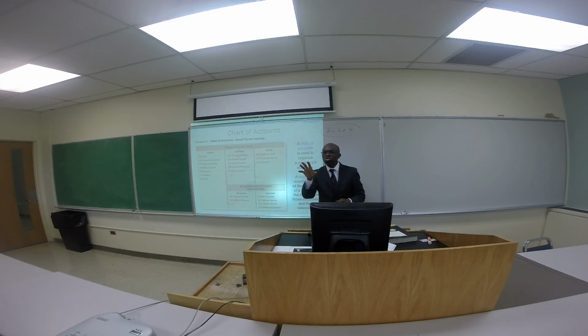So we have several books that we use to record business transactions. I want you to know from the outset, different accounting books or records are used for different purposes. The first book that we use to record every business transaction is called the General Journal.